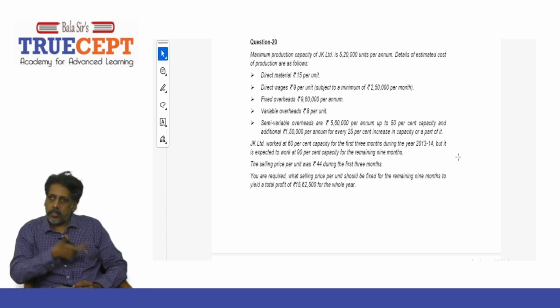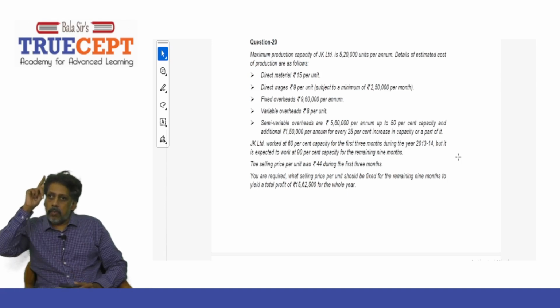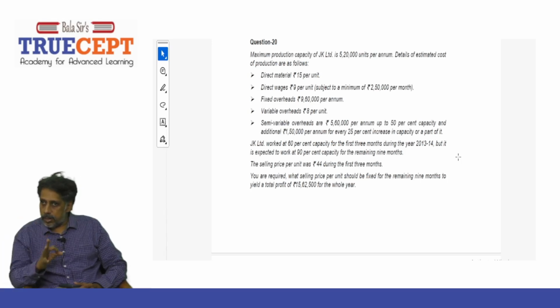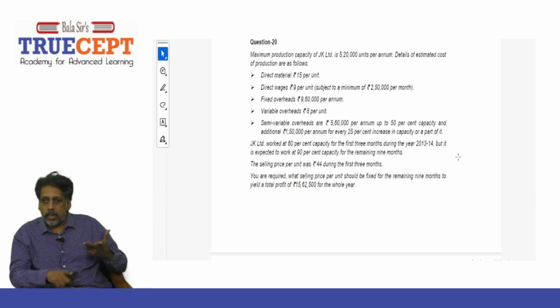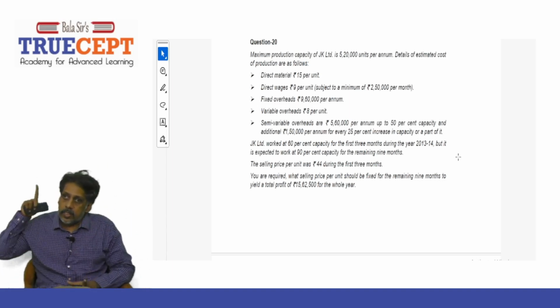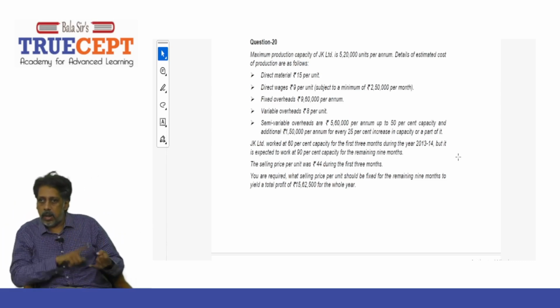This is during the first 3 months of the year 2013-14, say 1/4/13 to 31/3/14. So April, May, June are already over. In the first 3 months, the factory worked at 60% of its capacity. And it is expected to work at 90% capacity for the remaining 9 months, that is July to March. Is that fine?